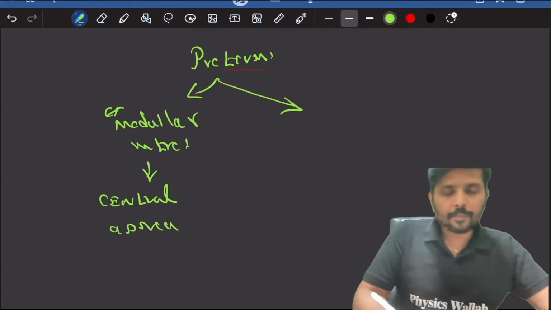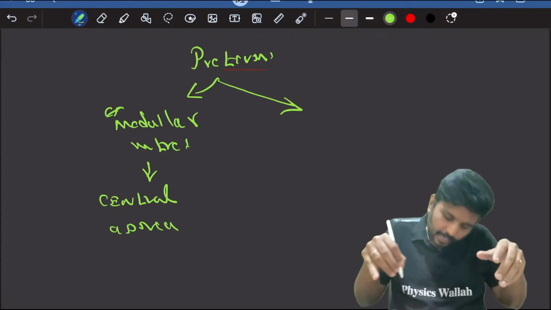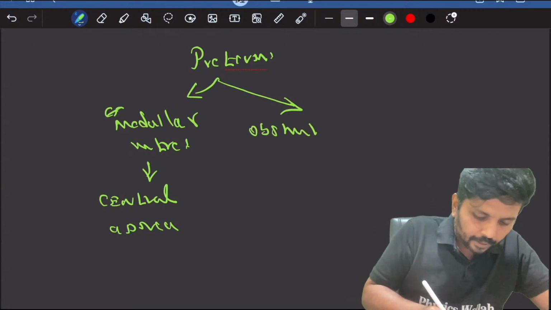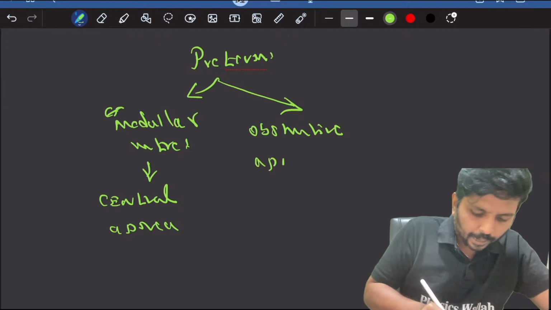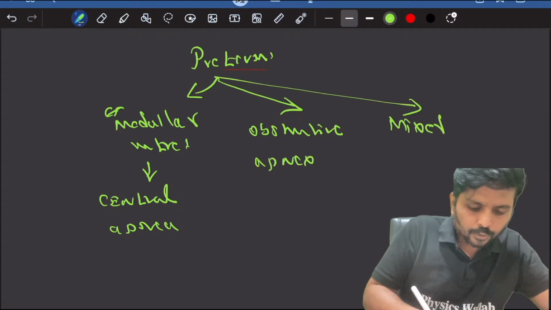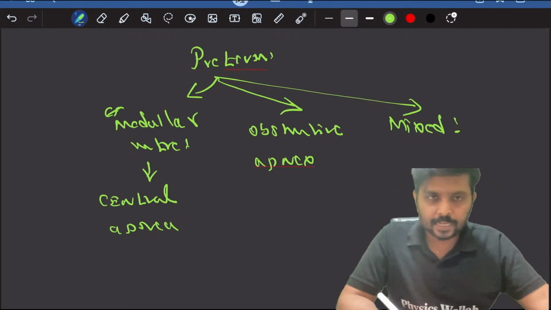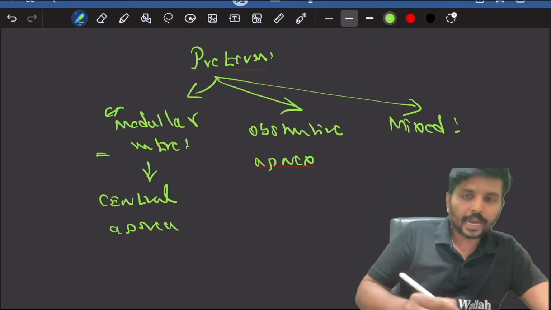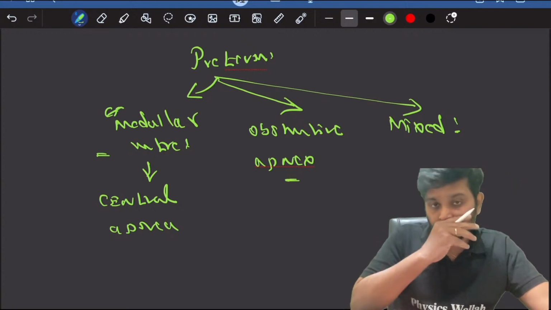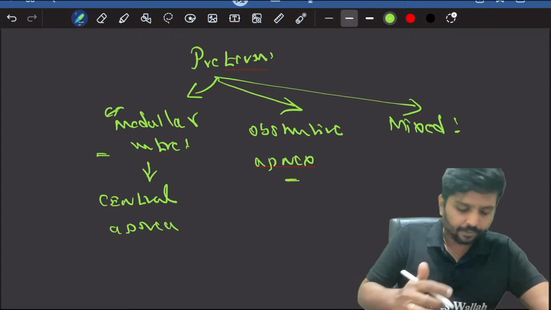Second, because of poor tone, the child's neck will be flexed, leading to obstructive apnea. And finally, it can be both, mixed apnea, due to absence of medullary stimulus as well as obstruction of the peripheral airways.